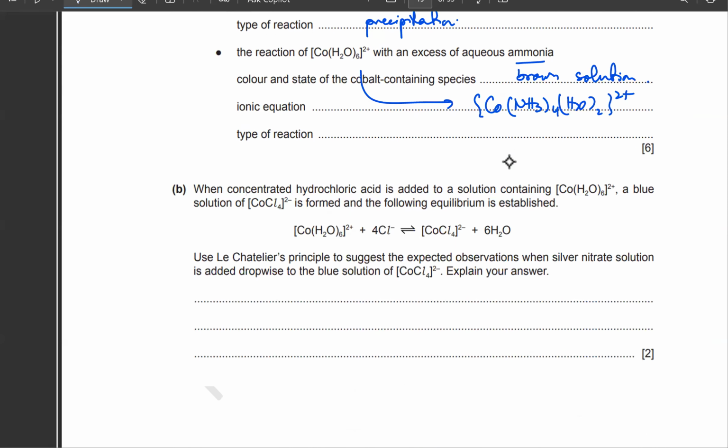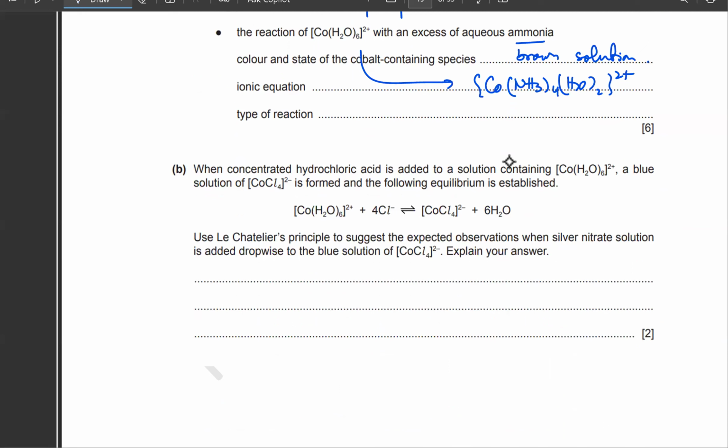Okay, any other Le Chatelier? He says use Le Chatelier's principle to suggest the expected observations when silver nitrate is added dropwise. Now, when you add silver nitrate, it's going to react with Cl ions, and they will form AgCl solid. So the concentration of Cl ions will decrease. Hence, your equilibrium is going to shift backwards.